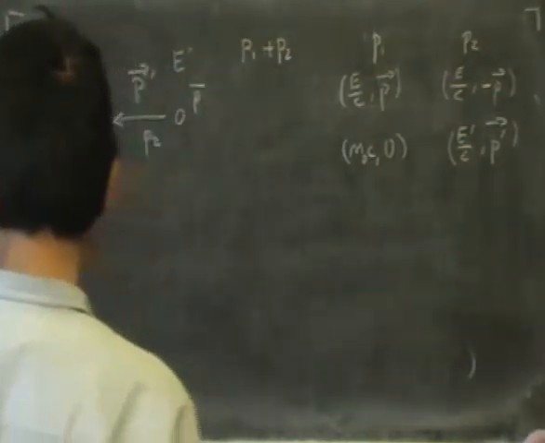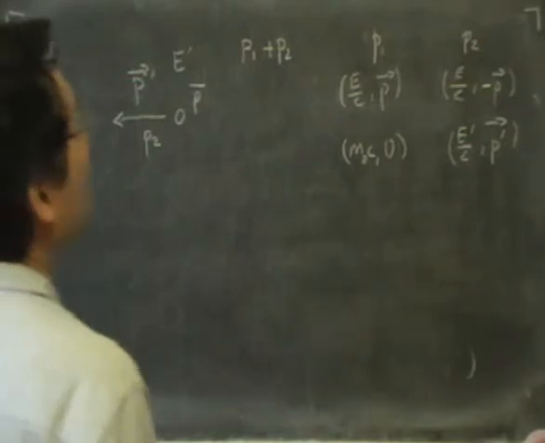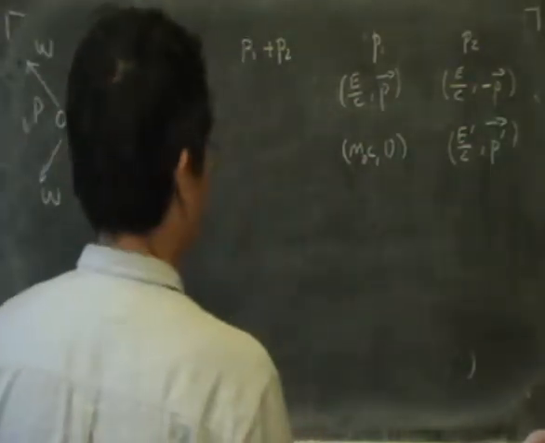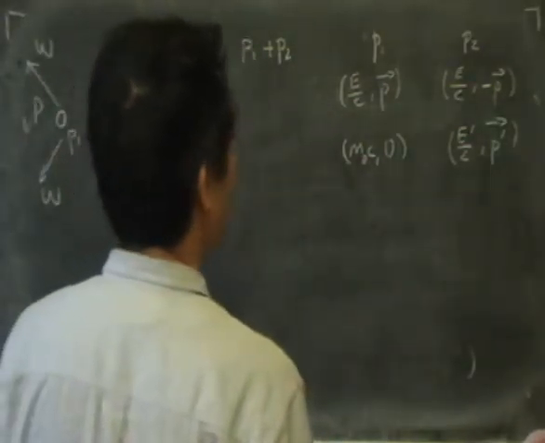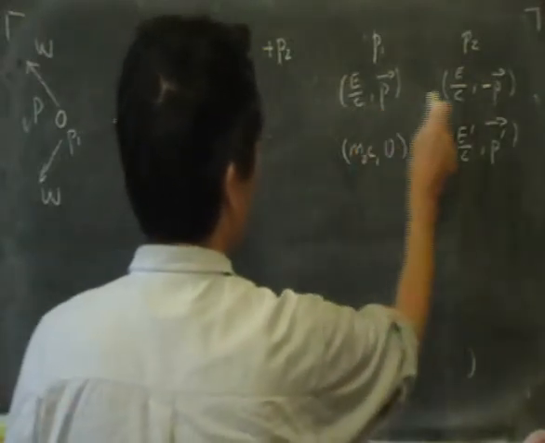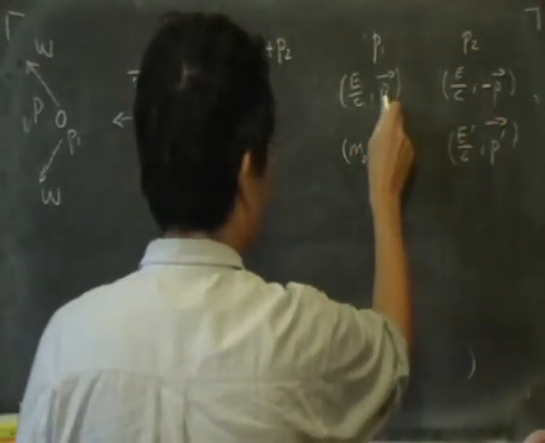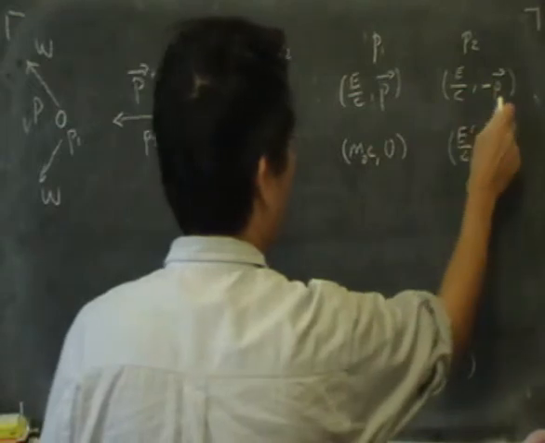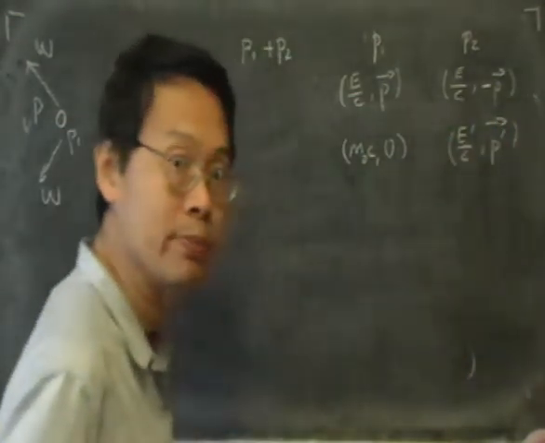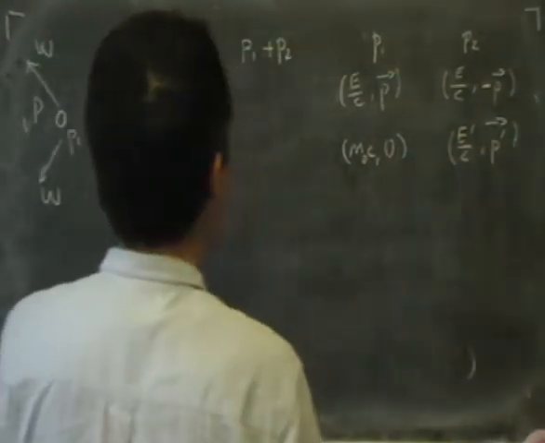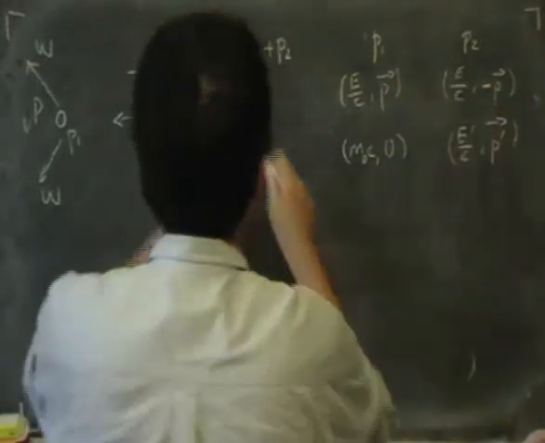Why would we want to do that? For a start, if we add these two, the P here and the minus P there cancel. That simplifies it and gets rid of one unknown.